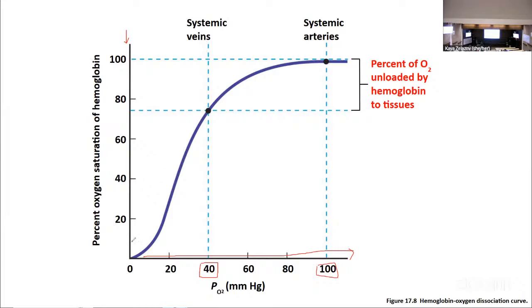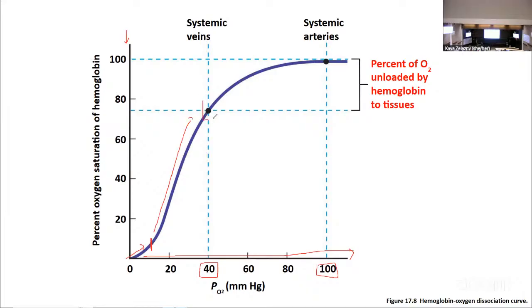If we are right at the beginning trying to load our very first oxygens onto hemoglobin, you have empty hemoglobin and you need to put some oxygen into it, that starts out kind of slow. But once we have a little bit of oxygen in there, this creates this effect where it's easier to add more oxygen once you've already started saturating your hemoglobin molecules. So we see a big spike.